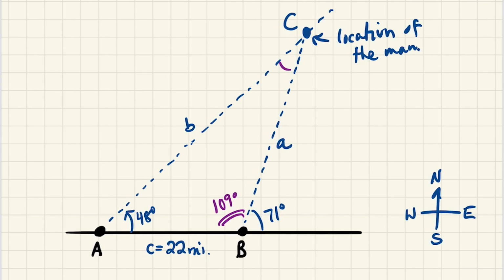And then we can find this third angle here, which would simply be 180 minus 48 minus 109. So that's a 23-degree angle. And now we have an angle and opposite side pair, so we can use the law of sines. Okay, and obviously we'll use it to find little a, because that's what's being asked. How far is the man from tower B?